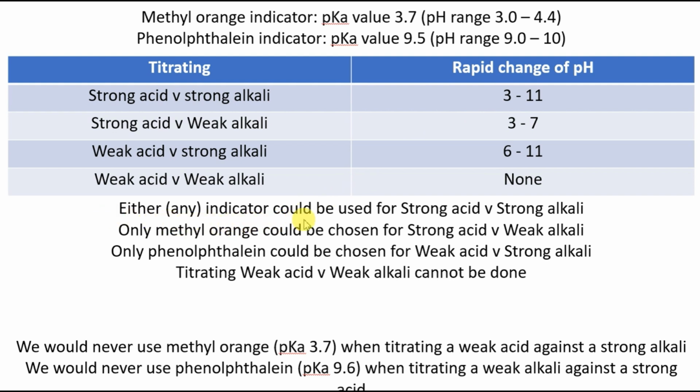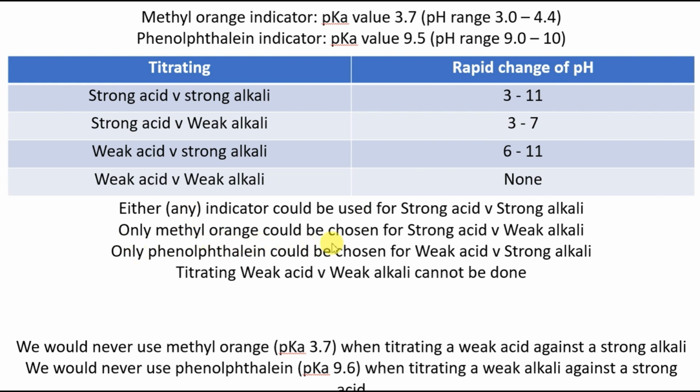Either indicator, in fact any indicator, could be used for titrating a strong acid against a strong alkali. My change in pH values, 3 to 11, is covered by the range over which the indicator shows its endpoint.